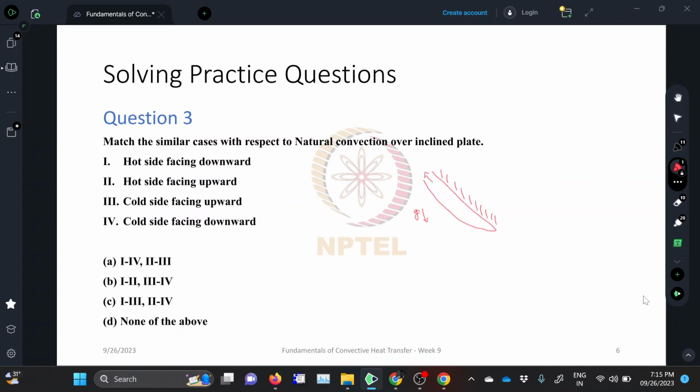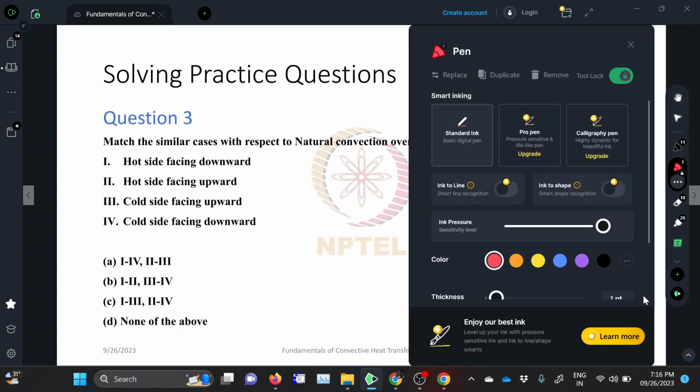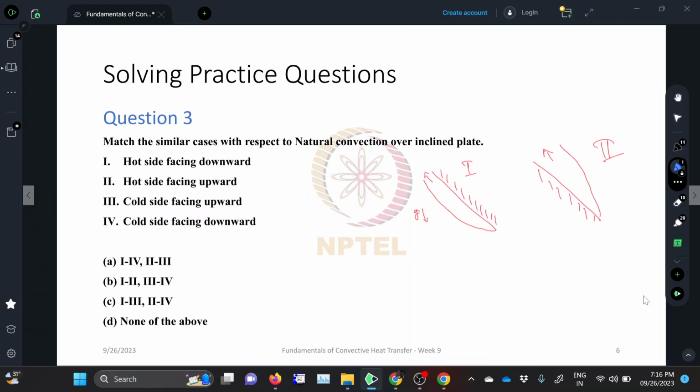Or it could be hot side facing upward. So in this case, this is case 1, this is case 2. Then we have cold side facing upward. I'll take a different color here. So cold side facing upward is this.